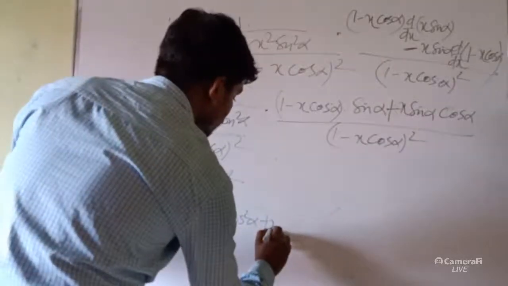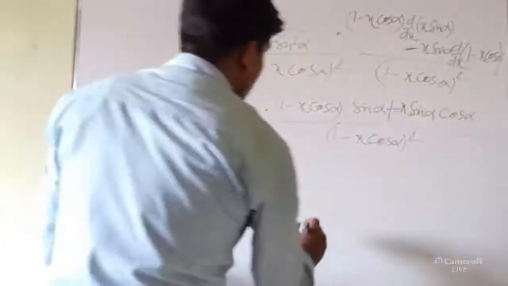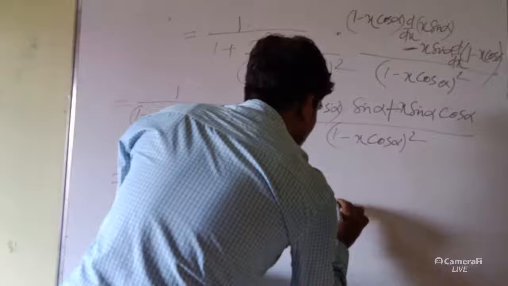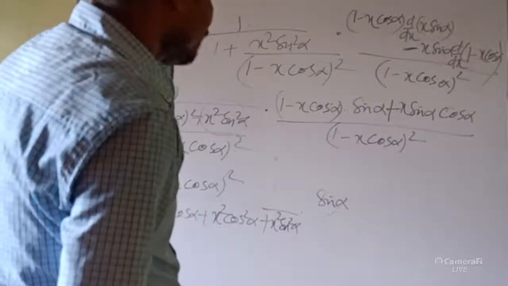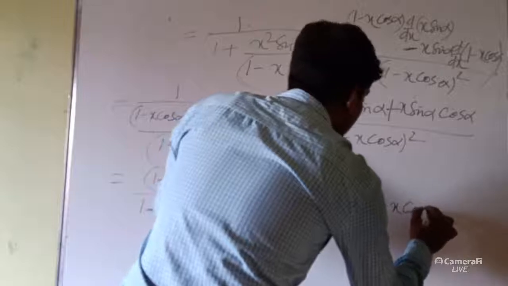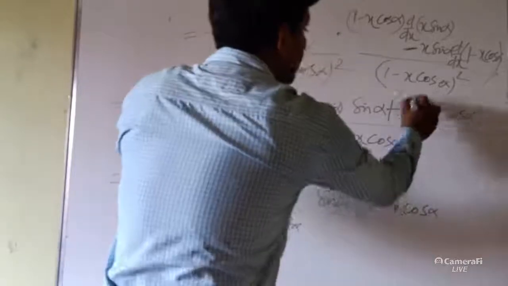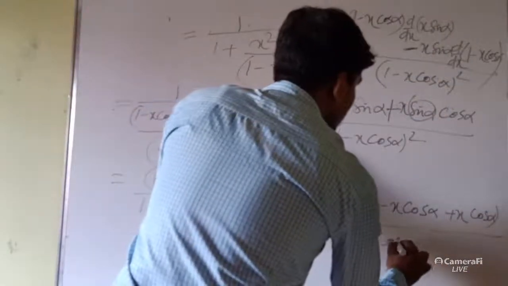Now if we take sin alpha as constant, this becomes (1 minus x cos alpha) plus x cos alpha, divided by (1 minus x cos alpha) to the power 2.